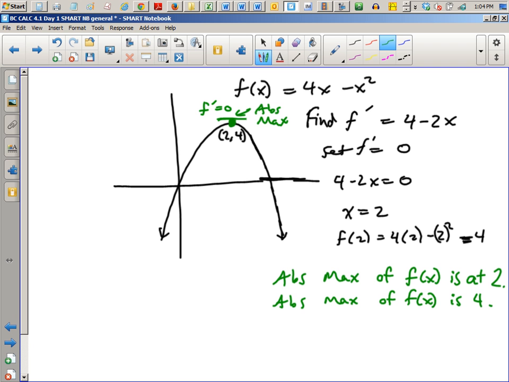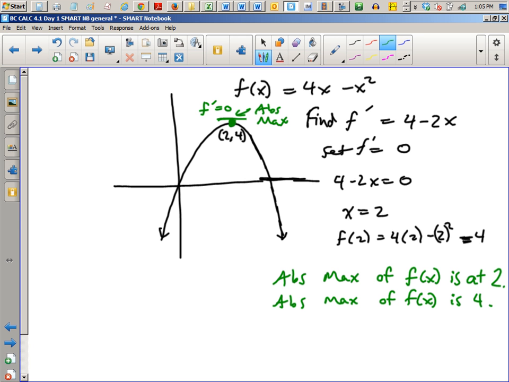And when they ask you what it is, you give the y-coordinate. Where is the maximum? Give me the x. What is the maximum? Give me the y. Very important. If you're not sure which one it's asking for, just give both. That's the safest thing to do. Say the max is (2, 4). Most of our book asks you where is the max. Sometimes it says what is the max. The answers to that are 2 and 4 respectively.